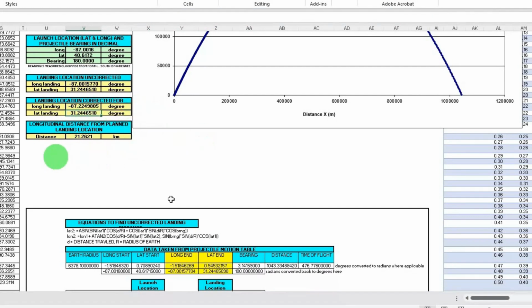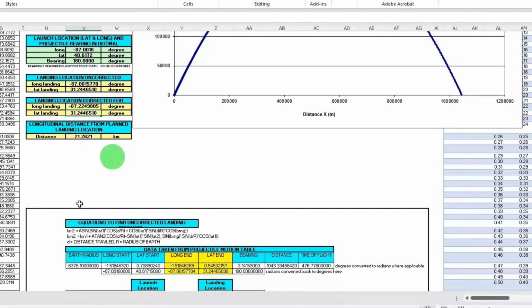In this case, for this 60-meter diameter projectile, the offset distance is always going to be in the longitudinal direction, because the Earth is spinning in the longitudinal direction, it's a longitudinal distance as the Earth spins around the axis.